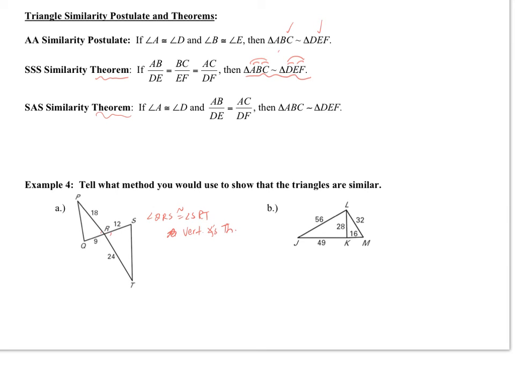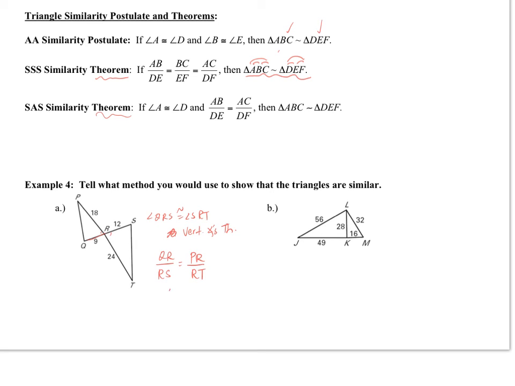And let's look at the corresponding sides. We have QR to RS, and then we have PR to RT.